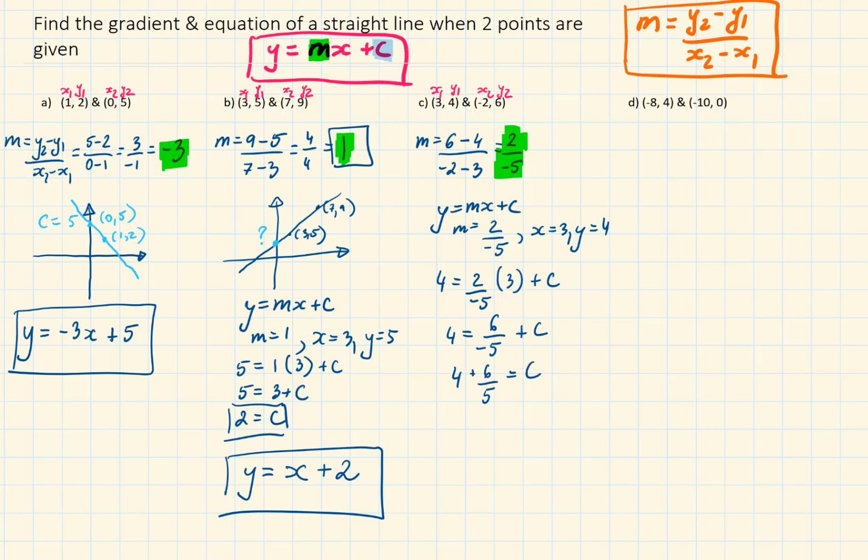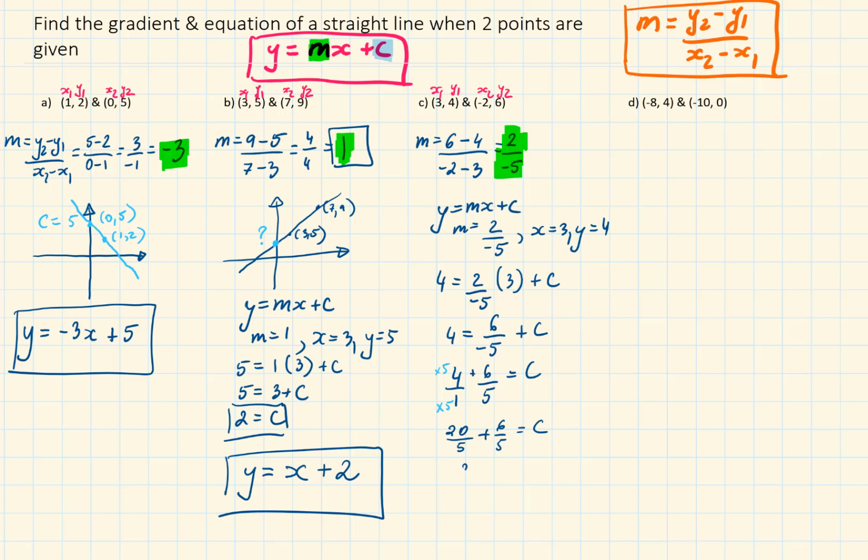We're going to convert a 4 into a fraction, times the top and bottom by 5 to make the same denominator, and then we have 20 over 5, then we have 20 over 5 plus 6 over 5 is equal to c.